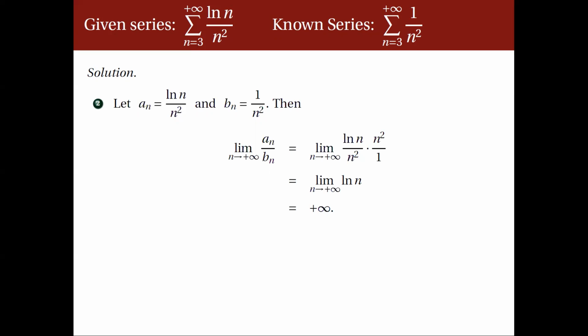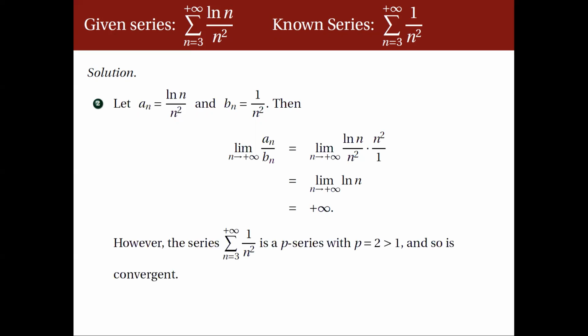But however, the series summation 1 over n squared is a p series with p equals 2, so it is convergent. Base sa case 3 ng theorem, limit comparison fails yet again.